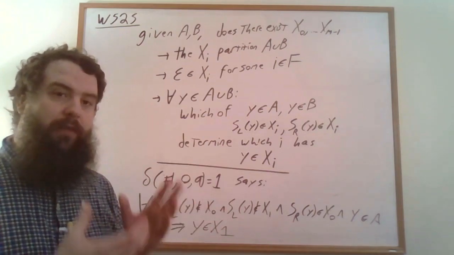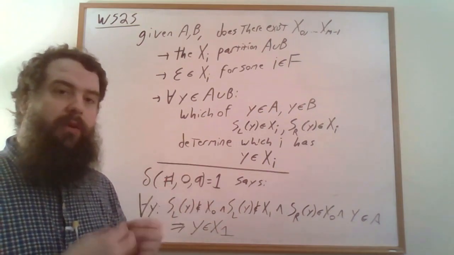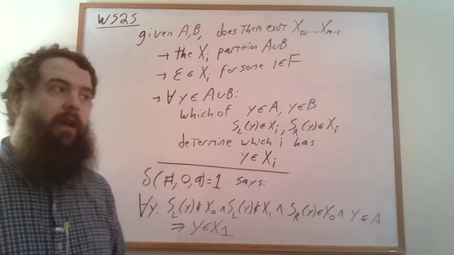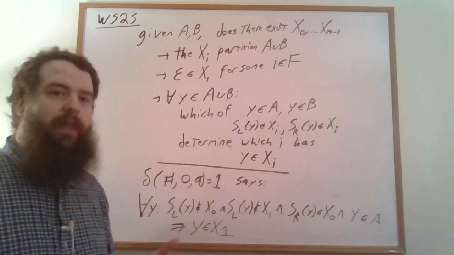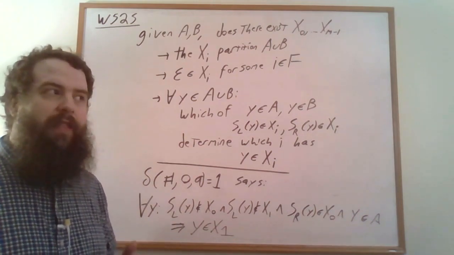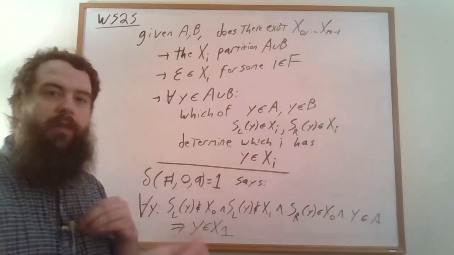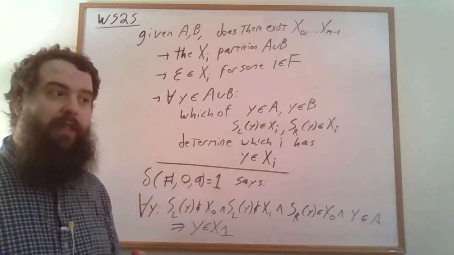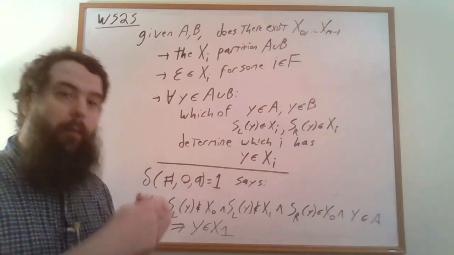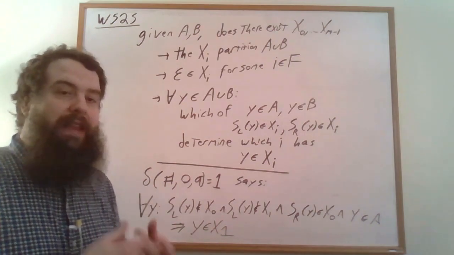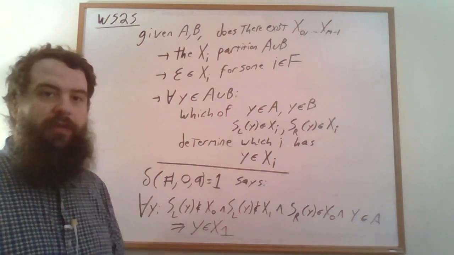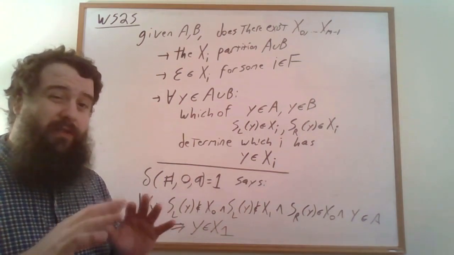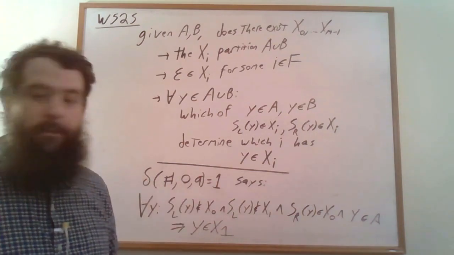We needed to be able to make sense of inputting multiple words at the same time into a word automaton, because we could have formulas in WS1S that talked about multiple variables. We could have formulas that have multiple free variables in them, and so they're saying something about multiple things. And so we needed to be able to input multiple things into our automata. And the procedure for doing this is exactly the same.